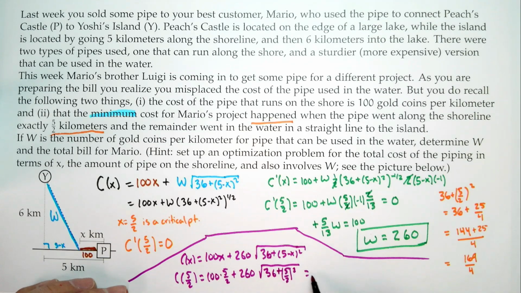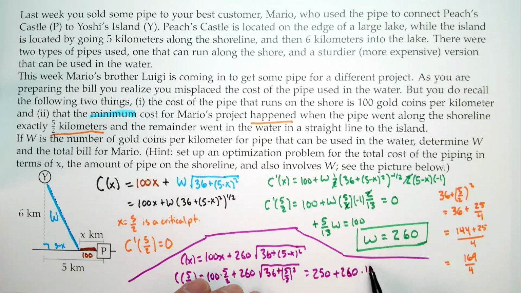Now the good news is that we can work with this. This is 250. And this part, we actually worked that out. That's 169 over 4 on the inside. And so the square root of that would be what? Well, it would be 13 over 2. So we get 250 plus, if I divide by 2, that's 130 times 13.